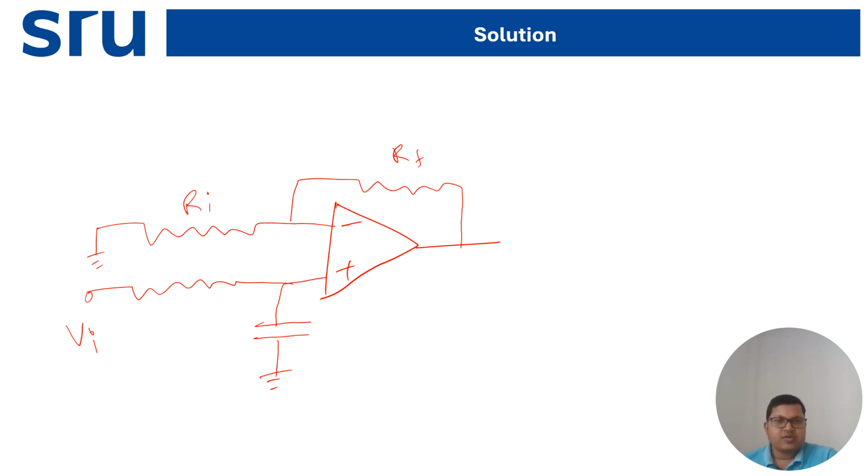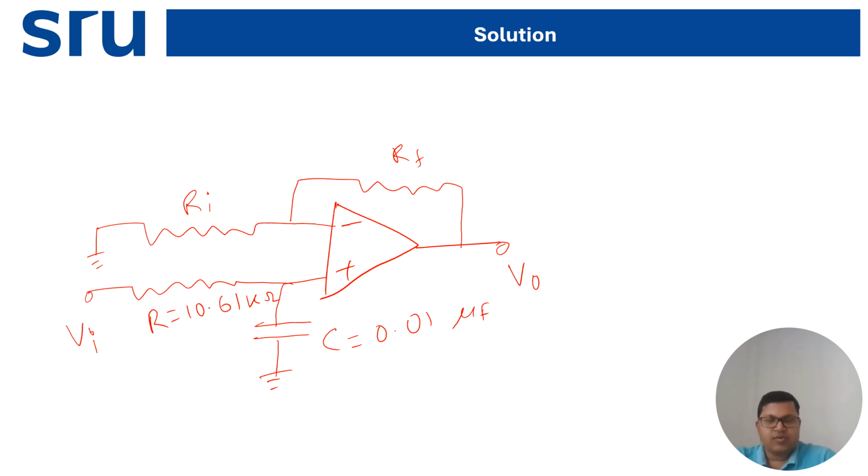This is how we get the circuit diagram for the low pass filter, and this will be the output. Here the C value is 0.01 microfarad, and this R value we got from our equation, R is equal to 10.61 kilo ohm.